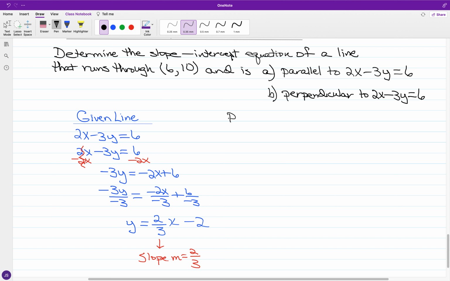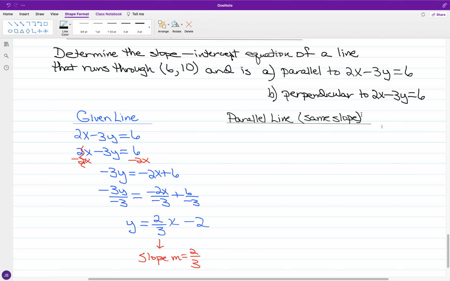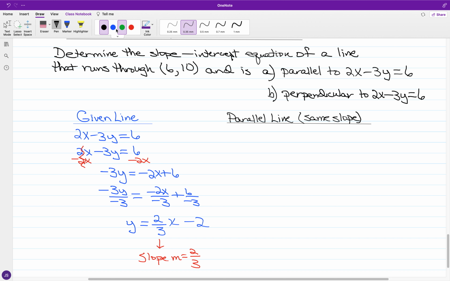Now for the parallel line, again, for parallel lines you're going to have the same slope. So for the characteristics of the parallel line, you have the slope m is equal to 2/3.